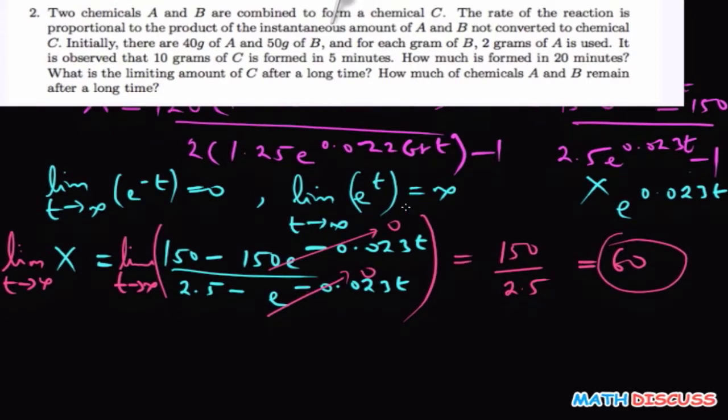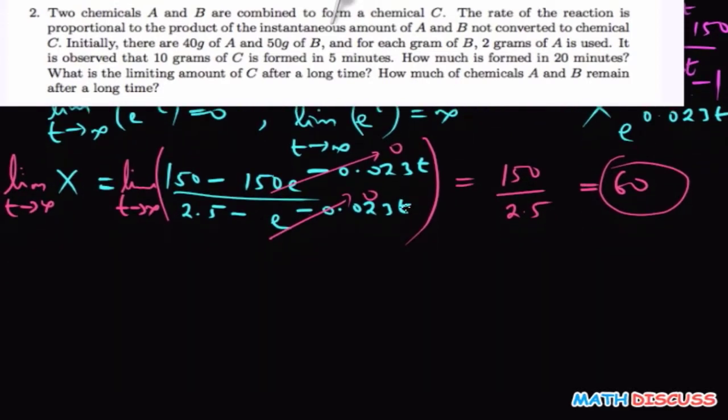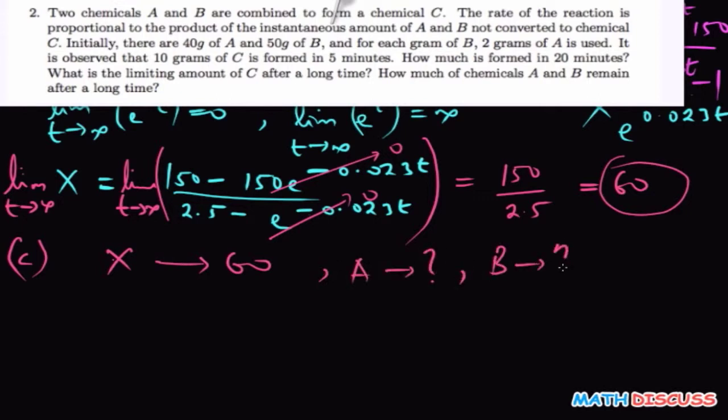Now we're told to find how much of chemicals A and B remain after a very long time. Now what you need to note is, to answer part C, after a long time, we know that the quantity of C formed after a long time is 60. So I want to find what A and B tend to after a long time.